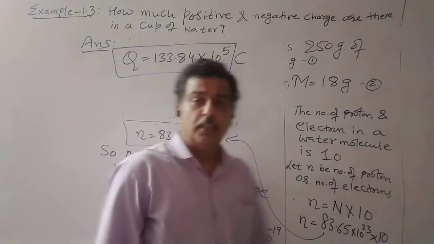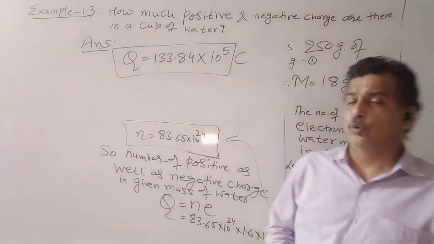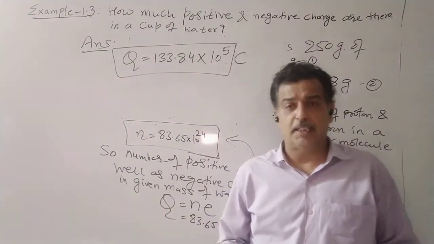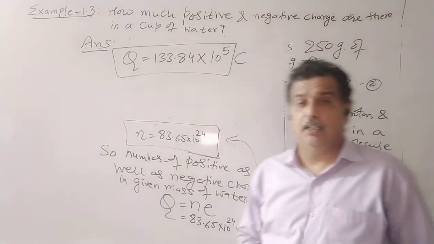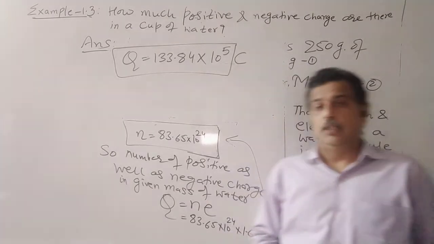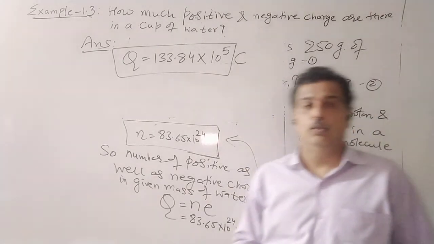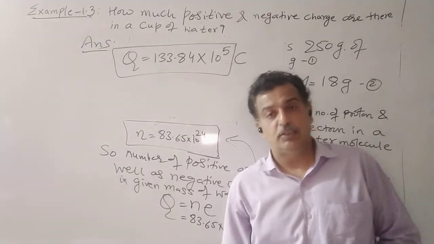So these are the two basic numericals related to the quantization of charges. In the first numerical, example 1.2, we took the concept of time: how much time a body takes to acquire a charge of 1 coulomb. You have to remember 1 coulomb is a very large unit.